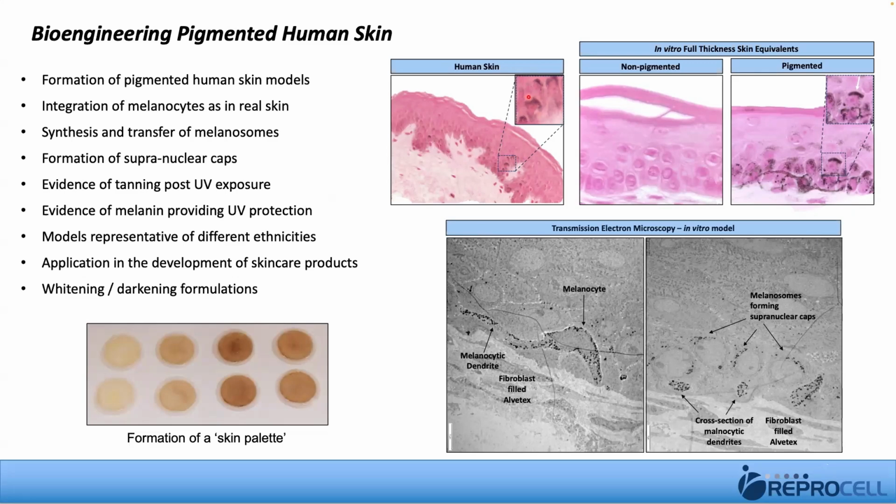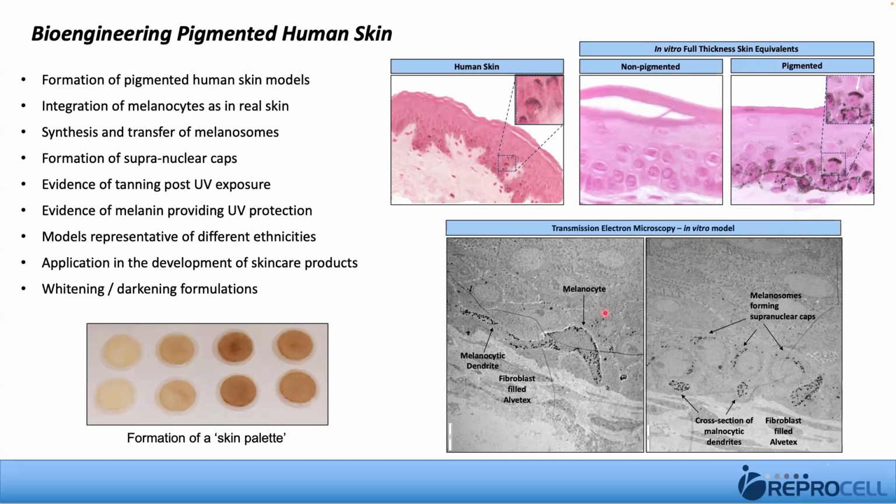So this is a supranuclear cap of melanosomes above the nucleus, protecting the nucleic acid from UV radiation. And one of the first questions we wanted to know was whether in our model we saw supranuclear caps forming. So here's a very nice example of a dendritic melanocyte in the stratum basale of our skin model. And you'll see very nicely examples of supranuclear caps as well.